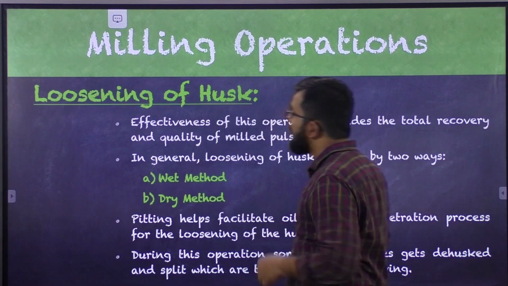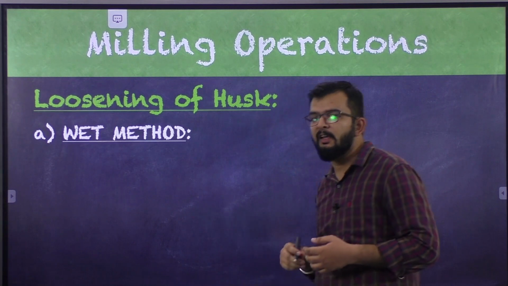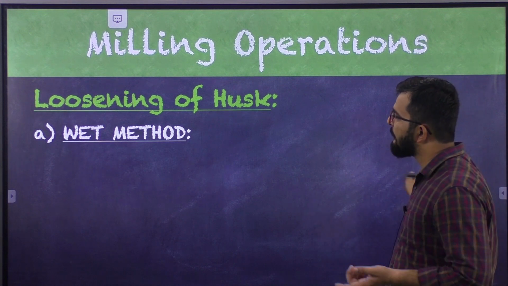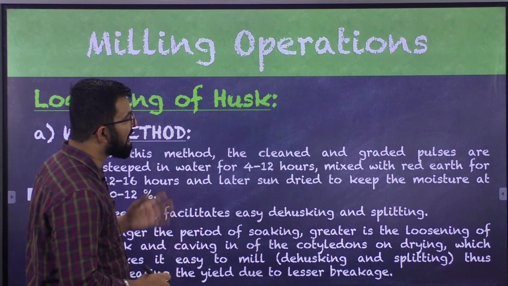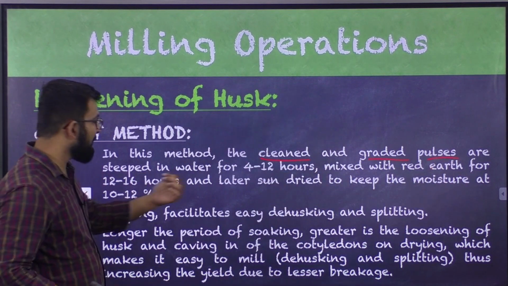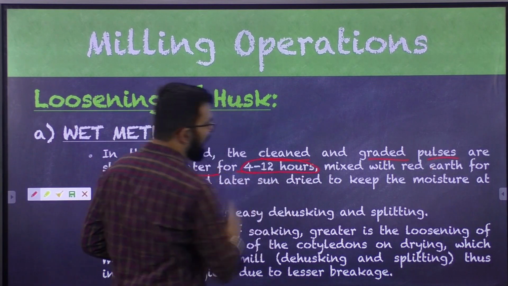Next, under loosening of husk, there are two methods as named above: the wet method and the dry method. Under the wet method, the cleaned and graded pulses are steeped in water, that is, soaked in water for 4 to 12 hours.